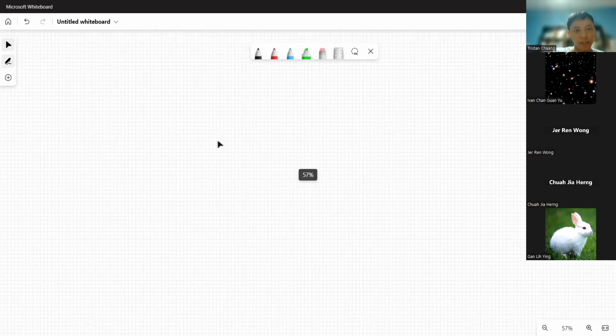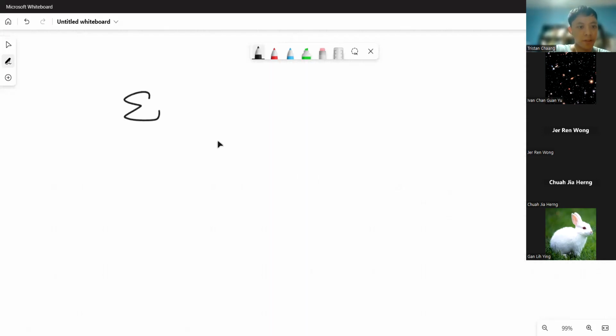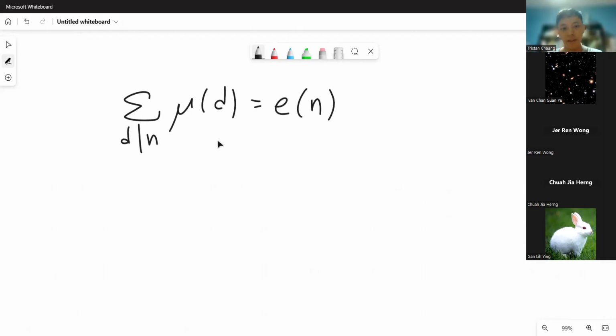So just now we've proven that the sum over divisors d of n of mu d is equal to e n, the unit function. Now how do we, for example, calculate phi n?